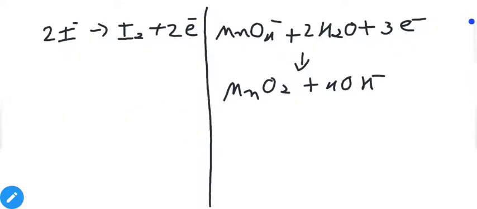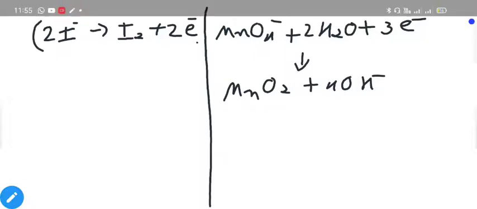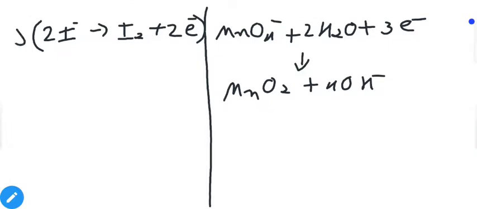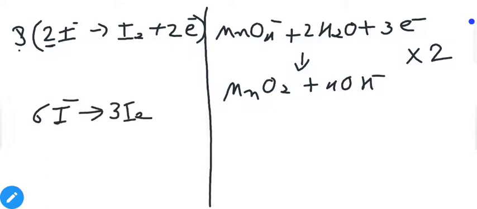Now we have to make equal number of electrons on both sides. So in a reduction reaction we have 3 electrons, in oxidation reaction we have 2 electrons. That means we have to multiply the oxidation reaction with 3 and reduction reaction with 2. So finally you will get 3 multiplied by 2, that means 6I minus will produce 3I2 plus 6 electrons.